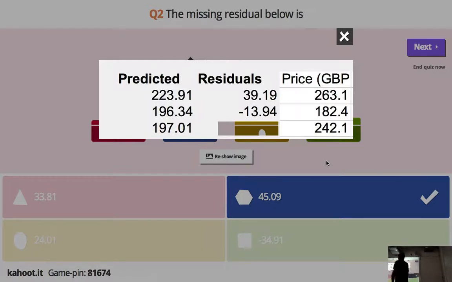But now I know. Okay, so what I said before was that it was actual. In the case from the exam, you had the prices of Manchester houses, and these were the actual prices. These were the price signs on the houses. But then we made a model based on all the prices that predicted the prices of the houses.